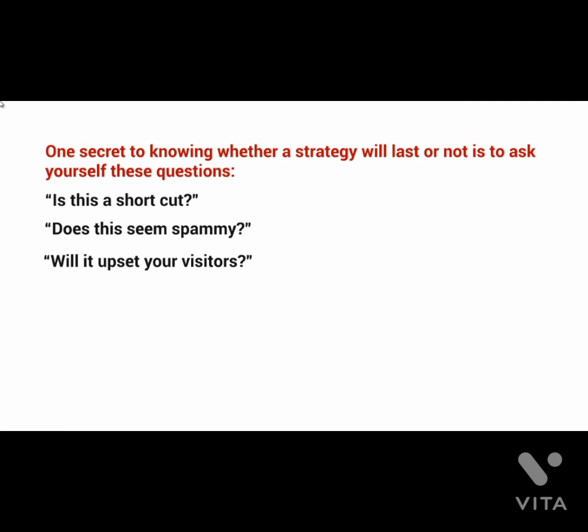So the people that are coming to your YouTube channel via google.com or any other site, is this going to upset them? Because if it does, then guess what? Google is not going to like what you're doing, because they care more about the people that go to Google or go to YouTube and type in a keyword. They care more about them because they are who they are catering to, essentially.